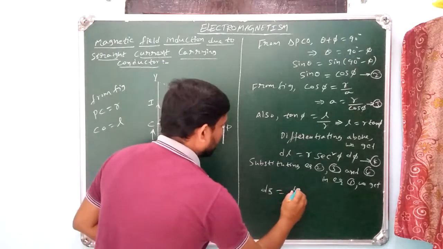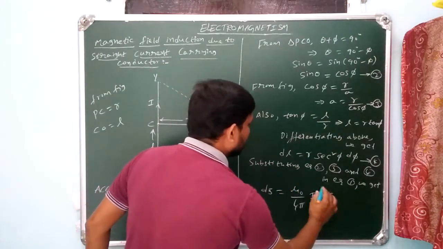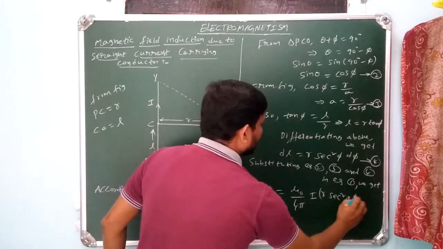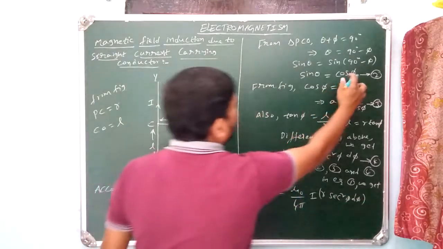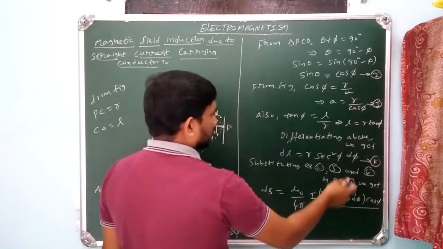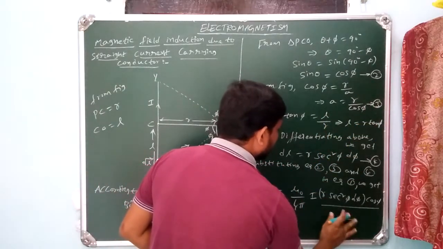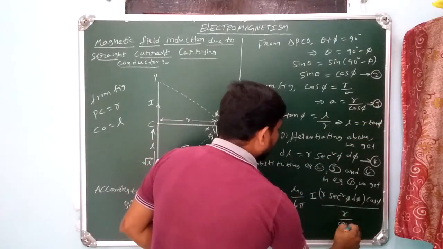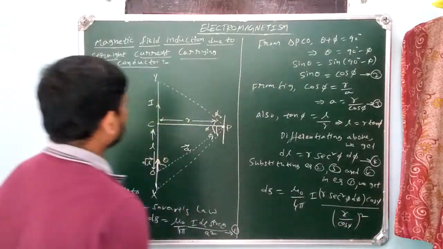Mu naught by 4 pi into I into dl, that means R into secant square phi into d phi. Sin theta, from equation 2, we are writing cos phi. By a square, a from the third equation we are writing r by cos phi, whole square.